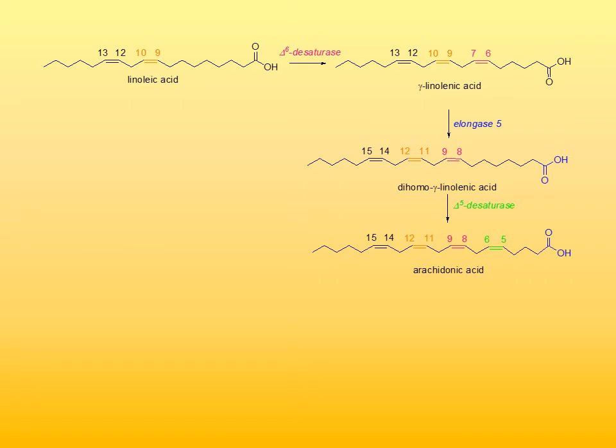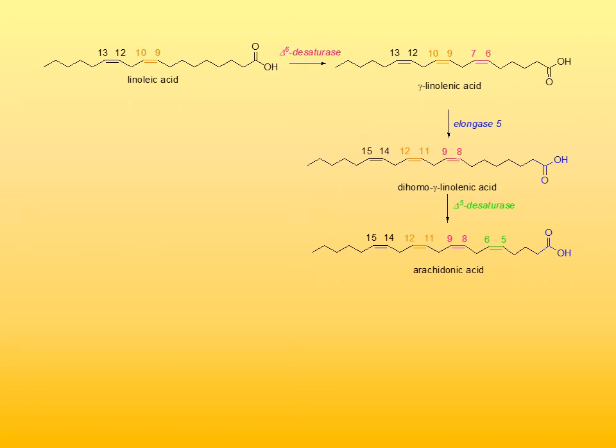This step is controlled so that the amount of arachidonic acid does not depend on the amount of available linoleic acid or suitable precursor. Only the amount of arachidonic acid that is needed is produced. So consumption of a large amount of linoleic acid will not result in biosynthesis of a large amount of arachidonic acid.